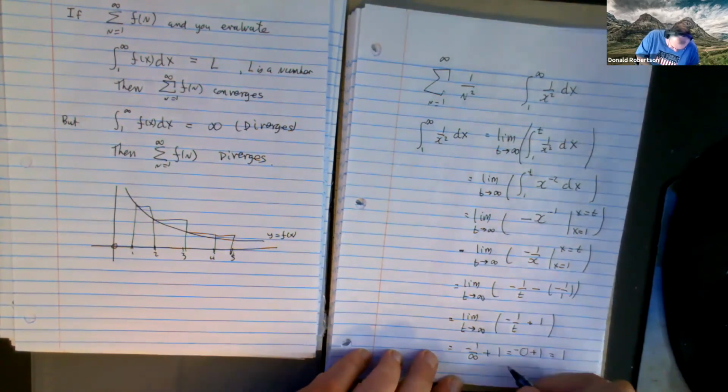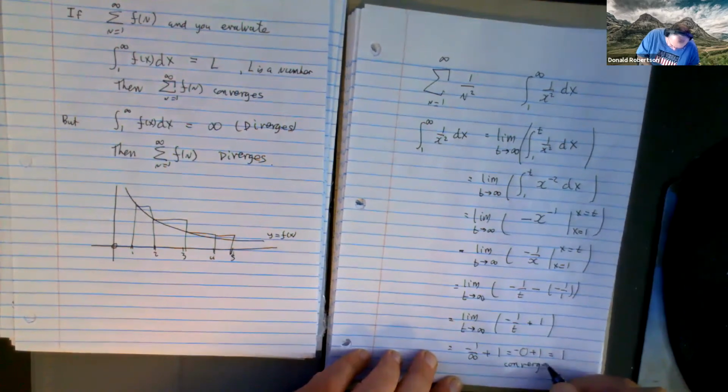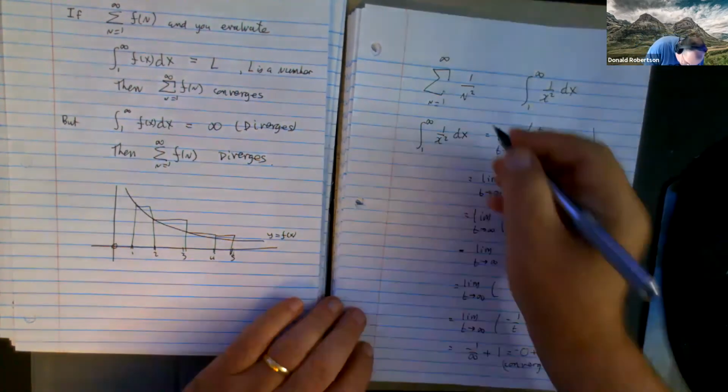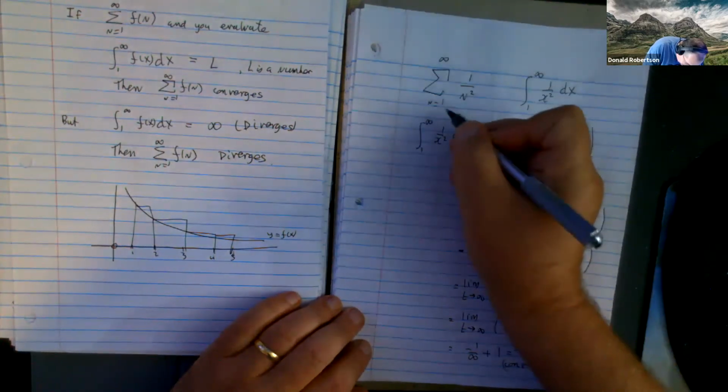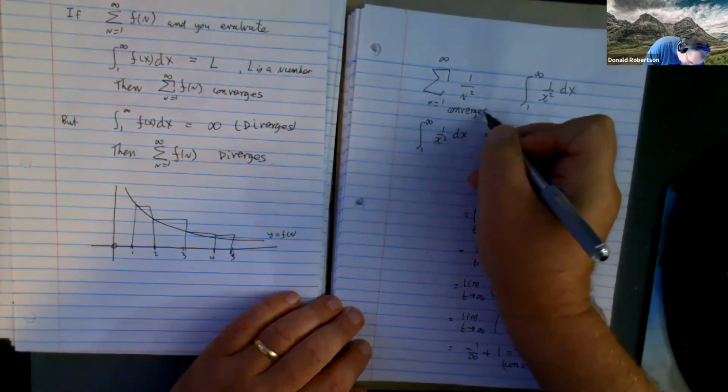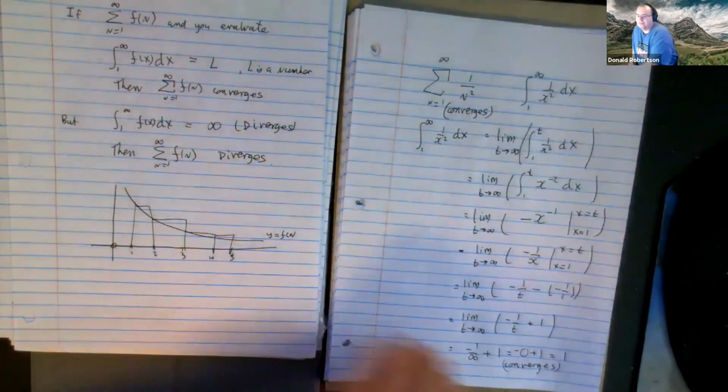And so what we can say is that this integral converges. It happens to converge to 1, but converges is all that matters, which means this series has now been proven to converge.